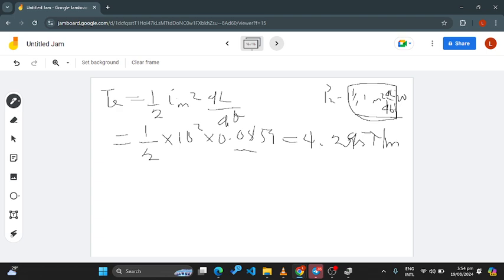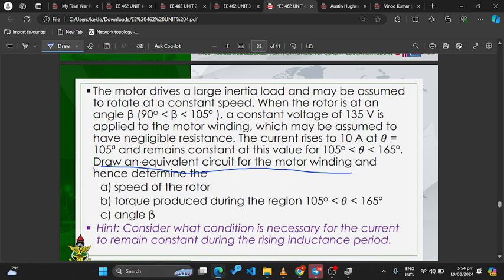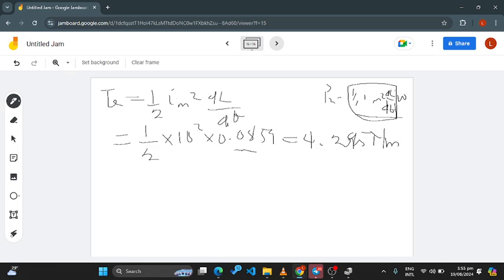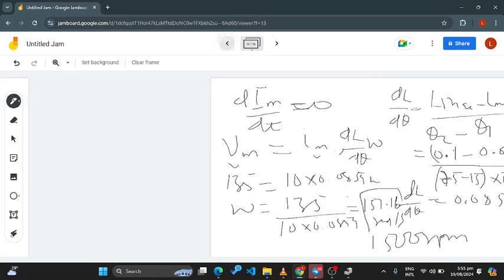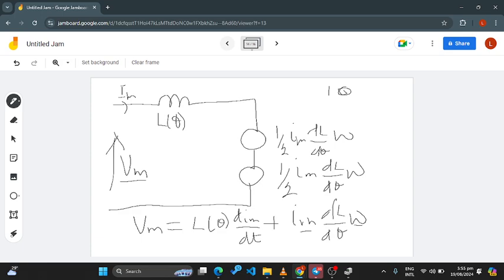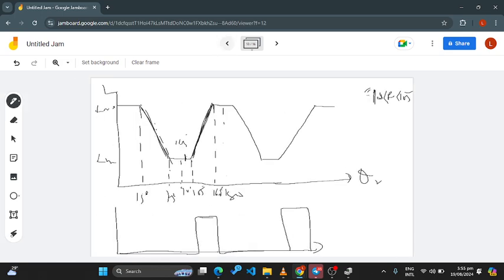So we are done solving the first two. Now we need to find the angle B. So angle B, let's go back to the diagram we have here. In this diagram, B is occurring here because we know this place started rising at 105. And we were told that beta is between 90 and 105. So that means beta is somewhere here.